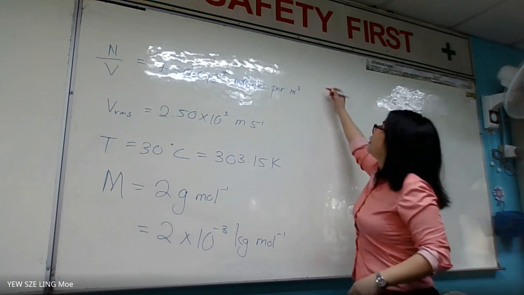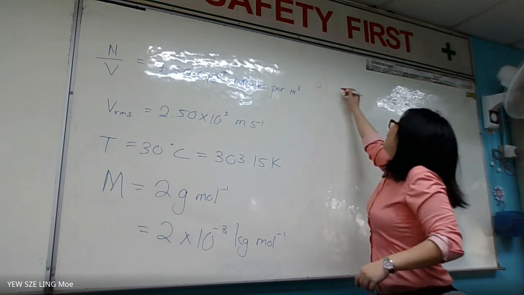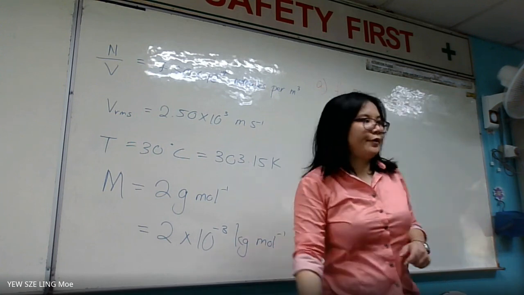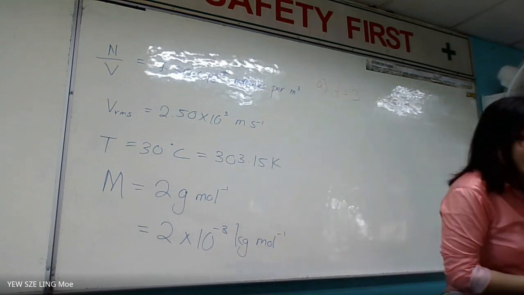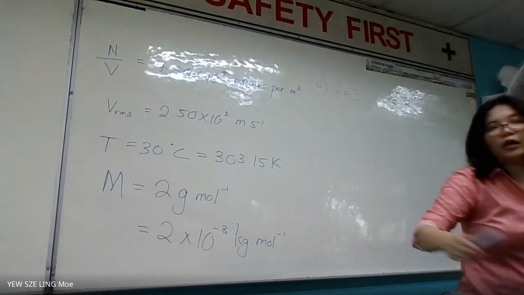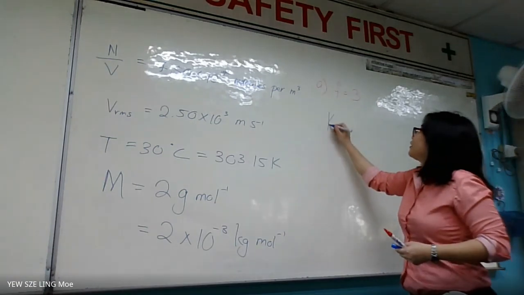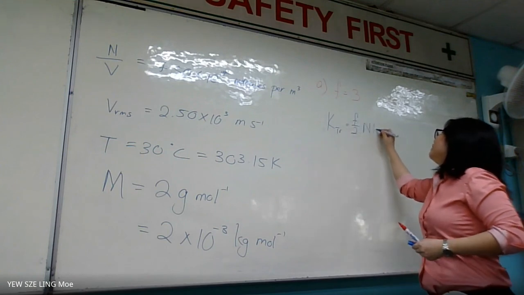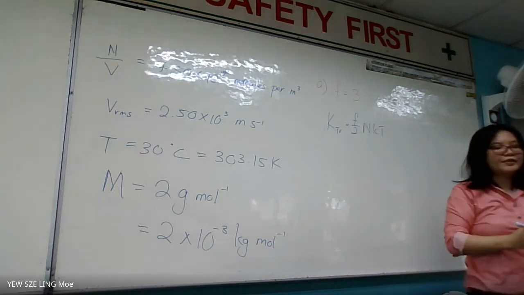For translational motion, F is equal to 3. So again, our general equation, translational KE is equal to F over 2 NkT. So what is the value of N?